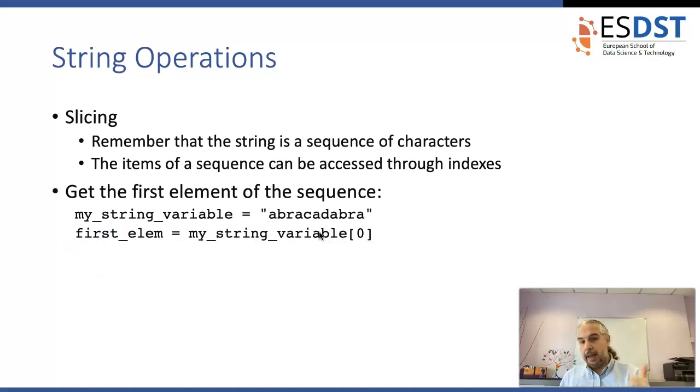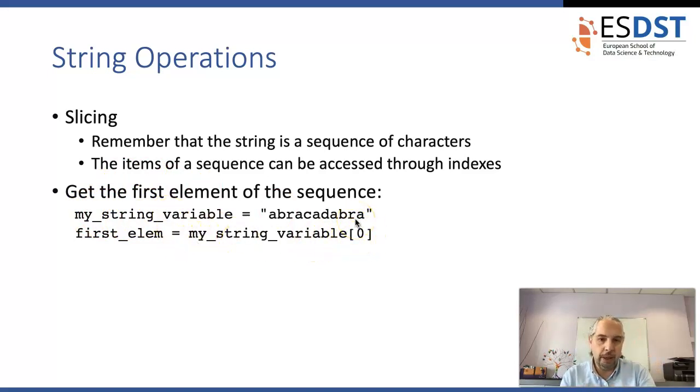So, except adding, concatenating, we can do other operations with the string. We say the string is a sequence of characters. If it's a sequence of characters, then the items of the sequence can be accessed through indices. So let's take the string abracadabra that I had before. If I would like to access the first character of the string, it would be the name of the string, my string variable, character 0.